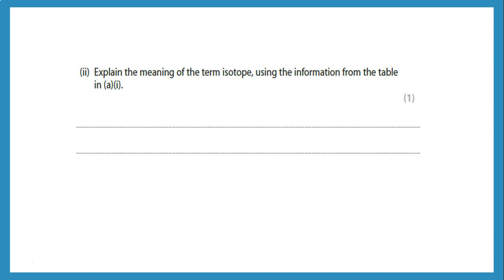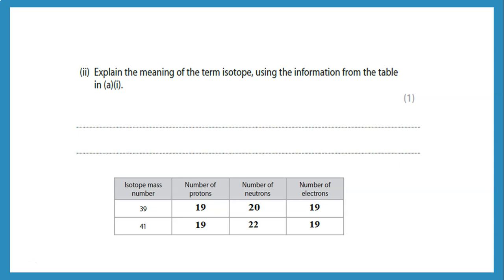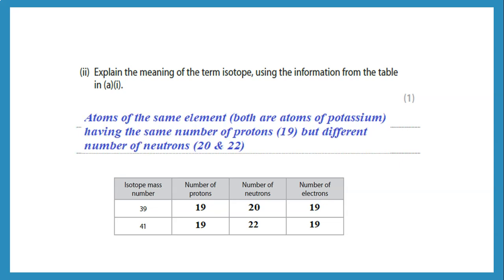Next: explain the meaning of the term isotope using information from the table. Now, what was the table? This was the table that gave the number of protons, neutrons, and electrons. How do we define the term isotope? You should know that isotopes are atoms of the same element.